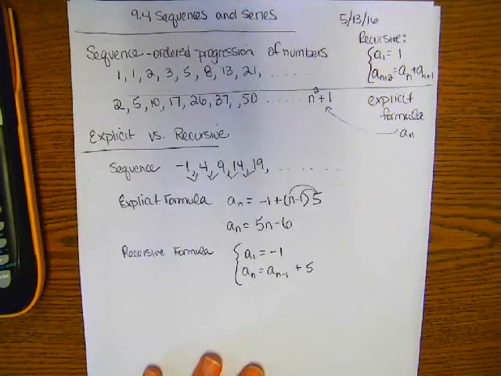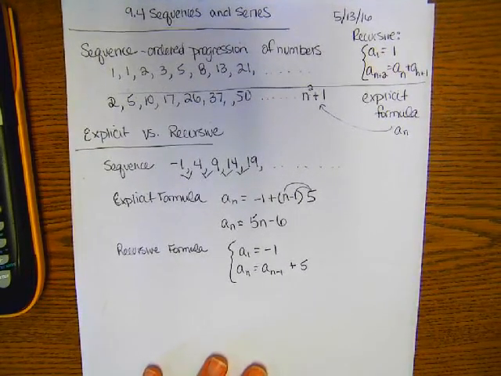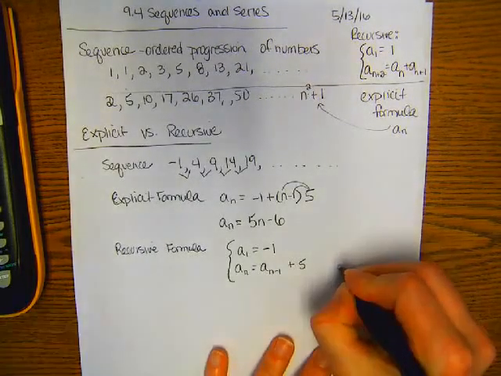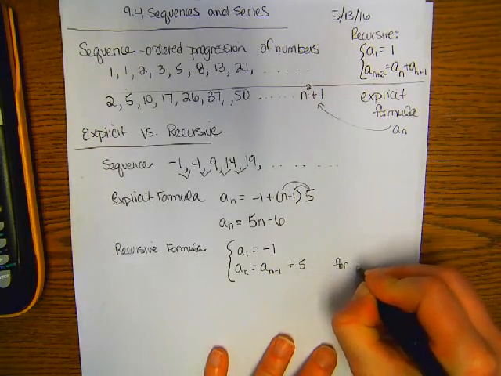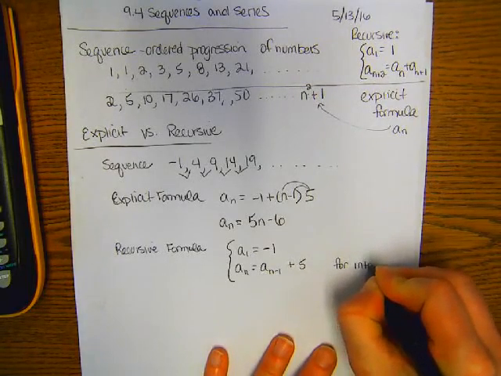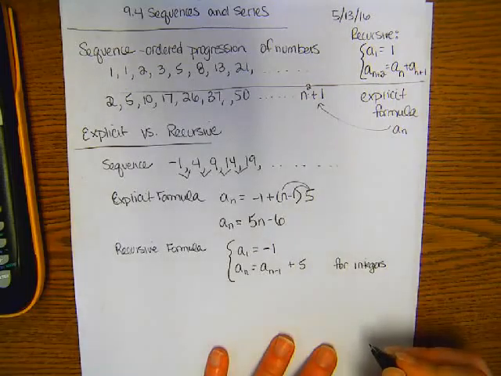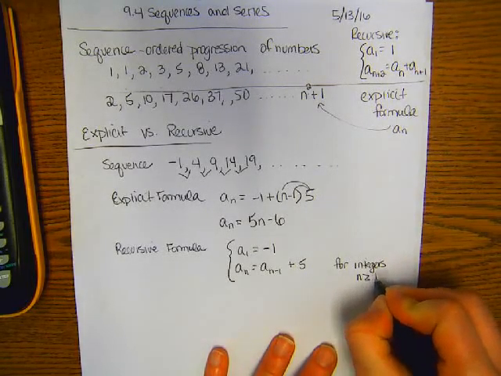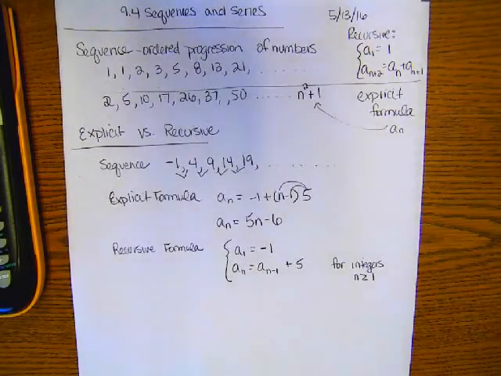One thing we should add to this, just so we know what n is, the term number, so it starts at the first term, right? So I would say for n, for integers, because we don't have like the 1.2 term, n greater than or equal to 1. Okay.